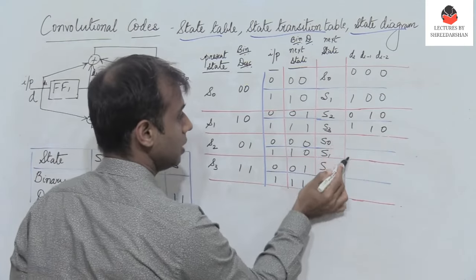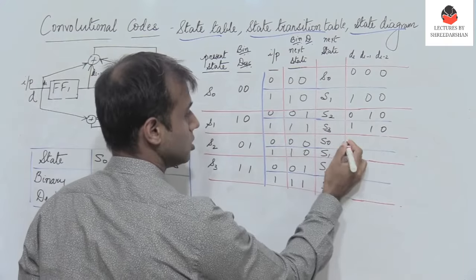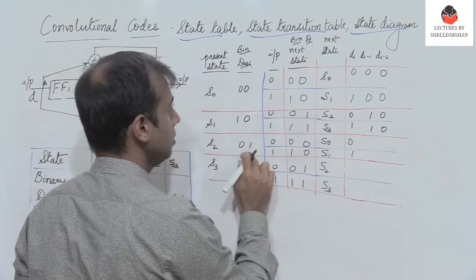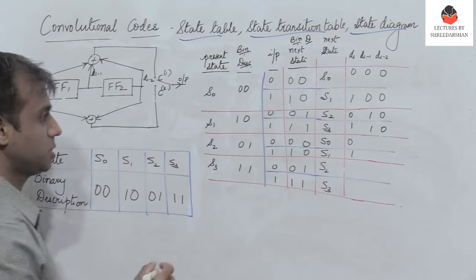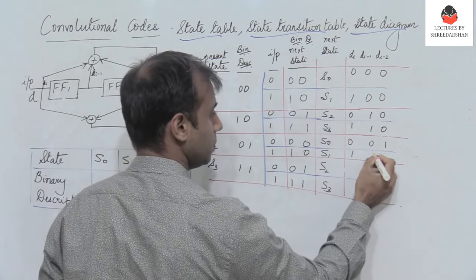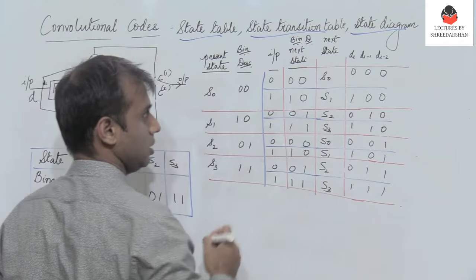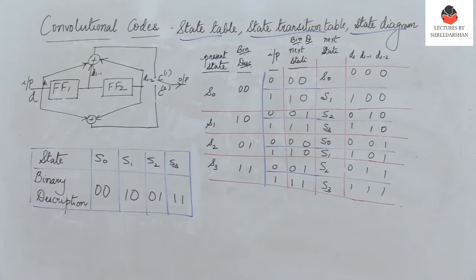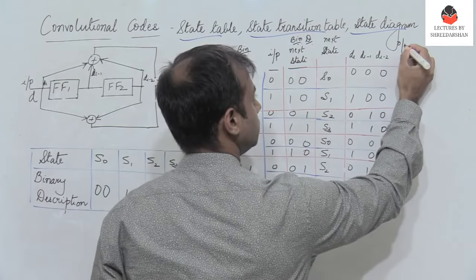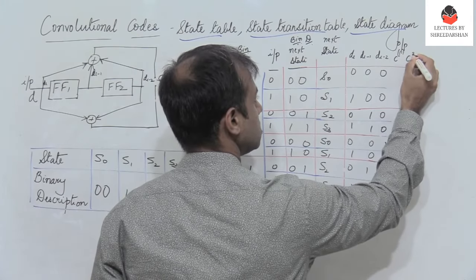Next again I have the current input, 0, 1, then the present state binary description, which is going to be 0, 1. And then again 0, 1, and the binary description, which is 1, 1. So next I need to define the output, which is C1 and C2.